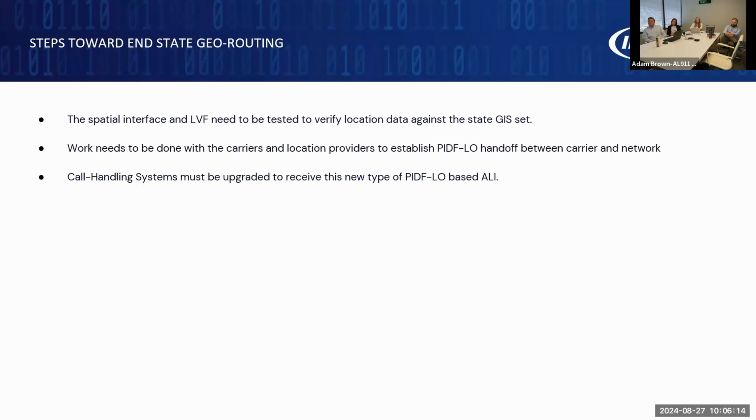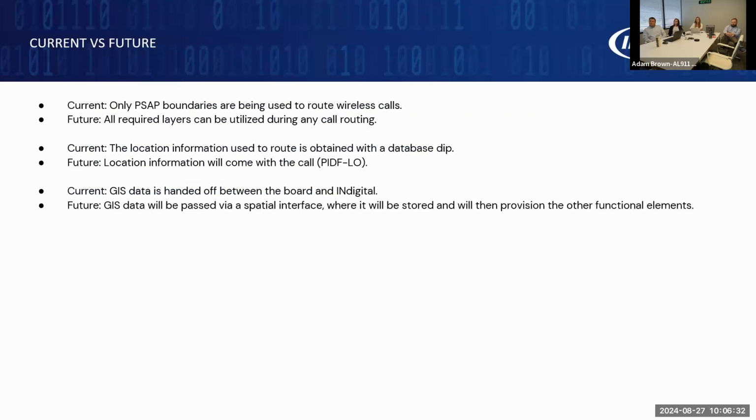And then your call handling systems will need to be upgraded to receive that new type of alley. So a lot of work goes into this, from the core service provider, you as a GIS authority, and the carriers. There's a lot that needs to be done.